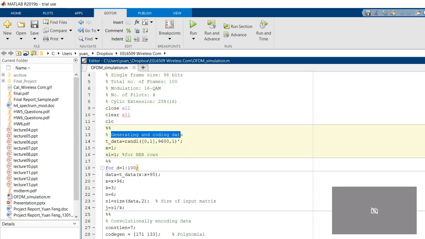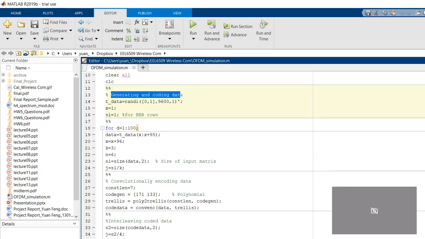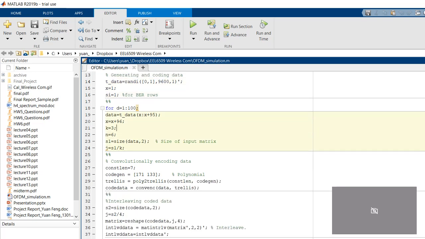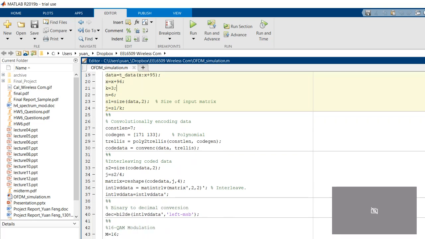First, I will generate random binary data, that is 0 or 1, and do the channel coding. Then I use convolutional coding to encode the data, and this convolutional encoding is combined with time interleaving.